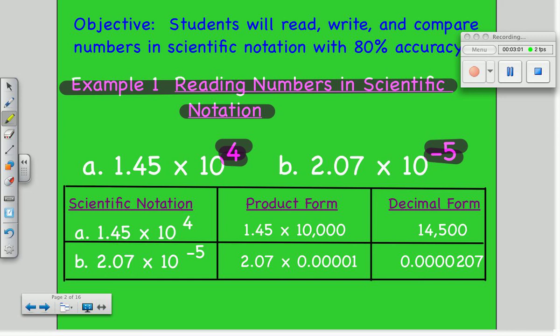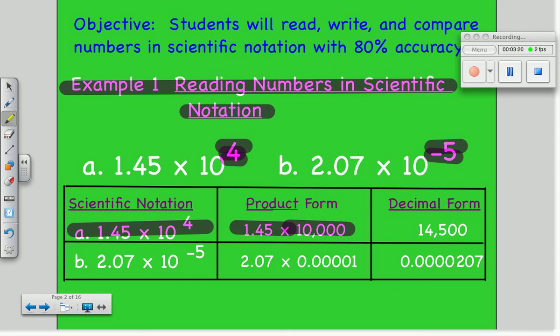So for 1 and 45 hundredths times 10 to the power of 4, what that's saying is 1 and 45 hundredths times 10,000, because 10 to the power of 4 is 10,000. That's 10 times 10 times 10 times 10.